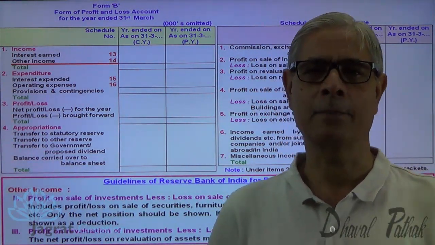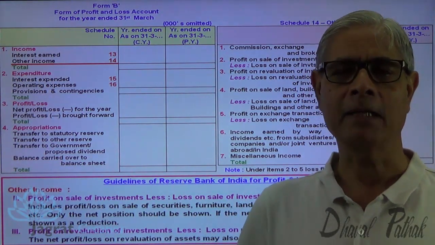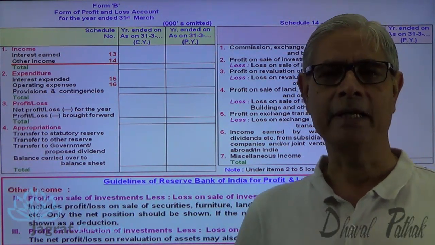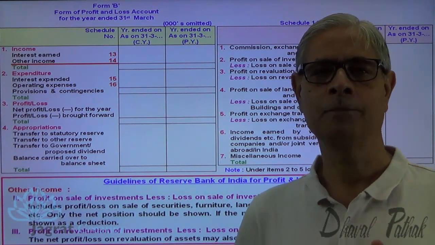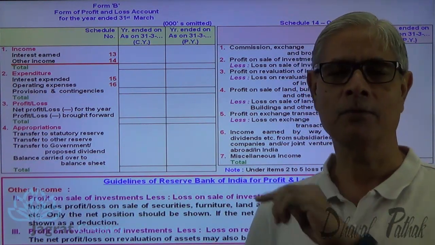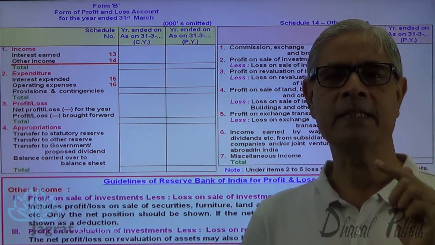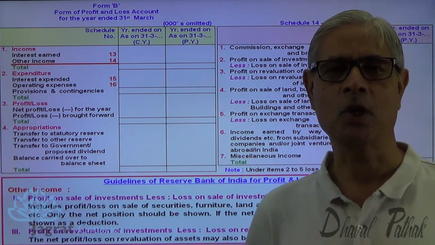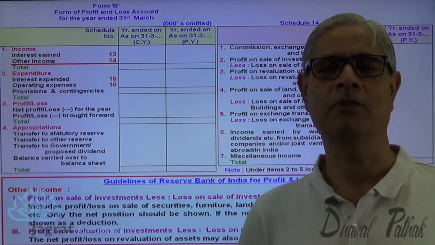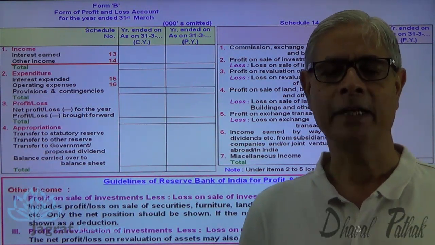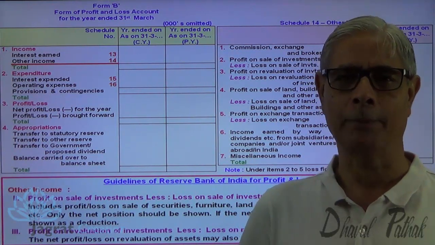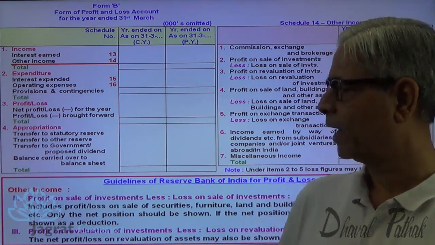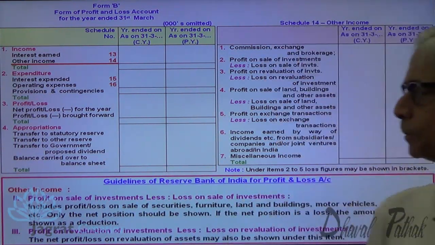The investments are held by the bank either for trading purpose, or for the purpose of sale, or held by the bank till maturity. This type of bifurcation of investments is required to be made. In light of that, wherever the revaluation gains and losses are permitted to be reported, they are taken care of and reported under this title.